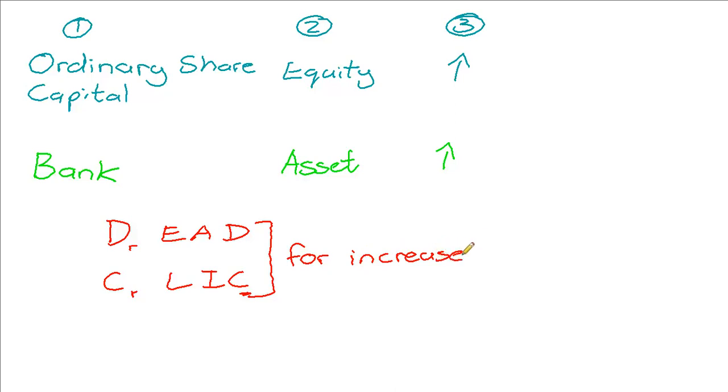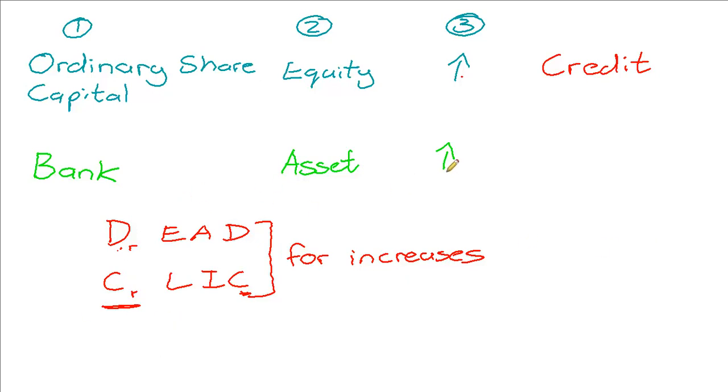If it's a decrease, then my debit and credit here will swap around. So I've got equity, which is the same as my C. That increased, so that's going to be a credit. So I can process my credit for equity. These rules you should know off by heart by now, and at any time I wake you up, you should know whether an asset increases or decreases on the debit or credit side.